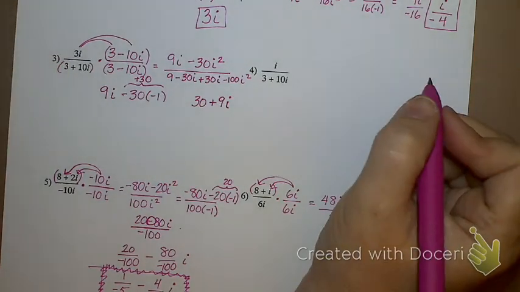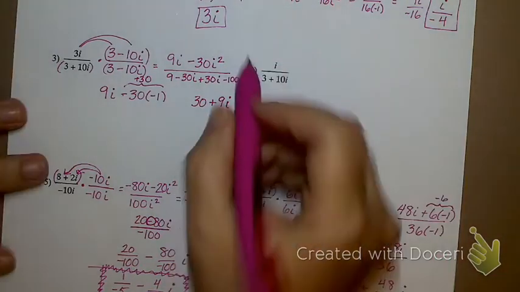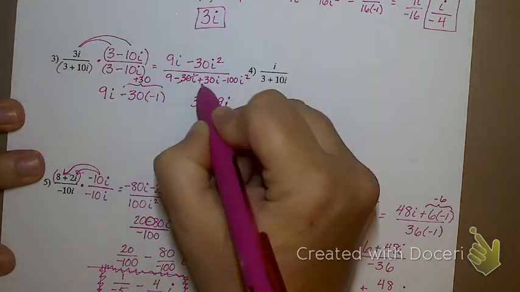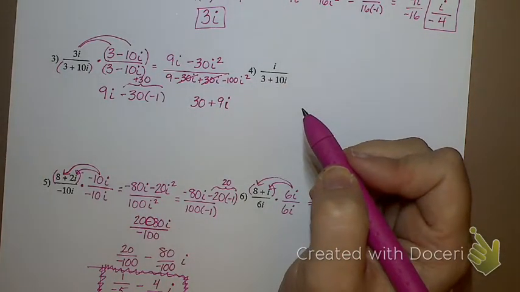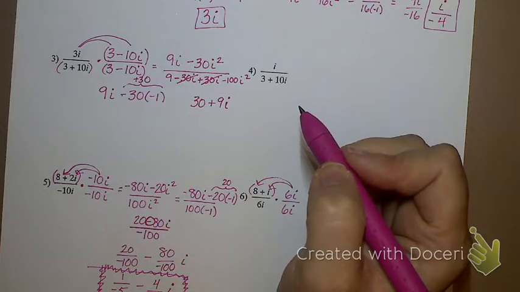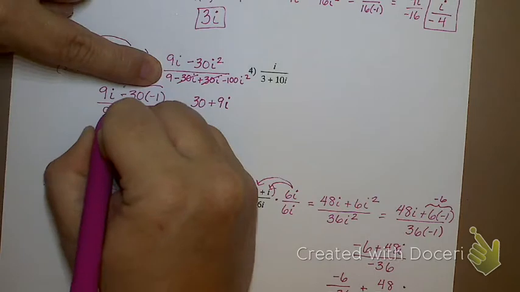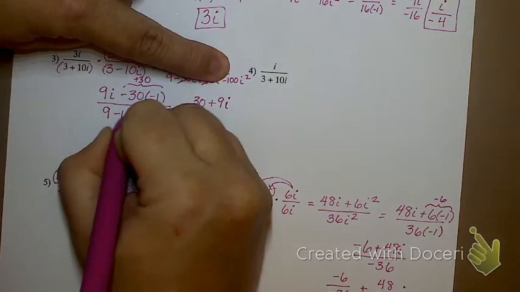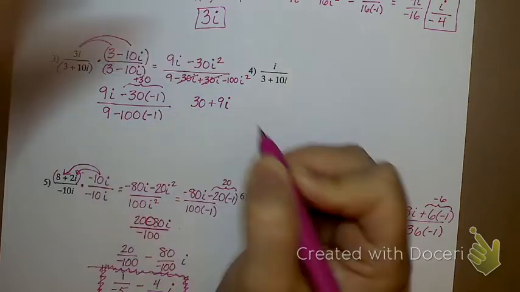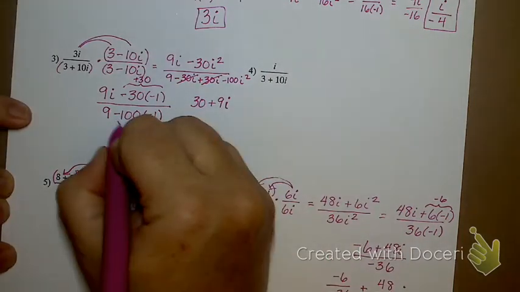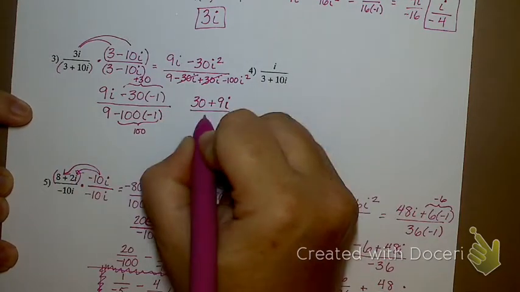If you have the correct conjugate, these two middle terms will always cancel each other out. That's how we're getting the i off the denominator. So that leaves me with 9 minus 100i squared, but I'm going to replace the i squared with negative 1, and this is positive 100. And 9 plus 100 is?